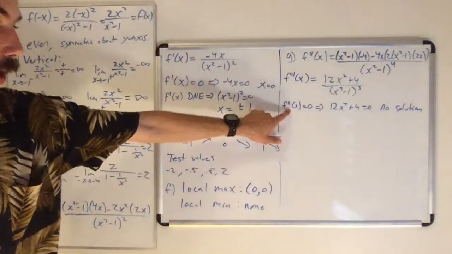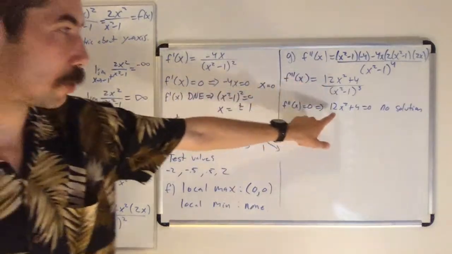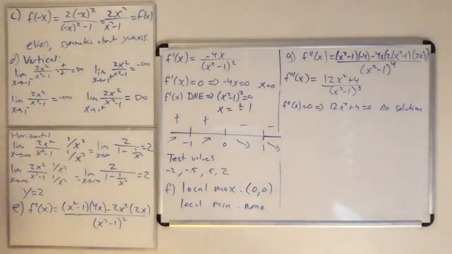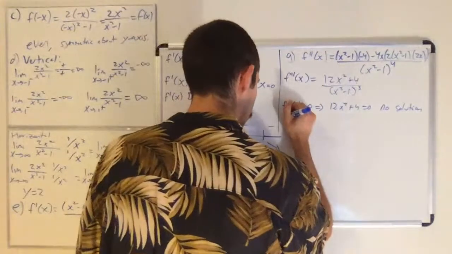So when f double prime equals 0, that means our numerator is equal to 0, but 12x squared plus 4 never equals 0. So there's no zeros here, but we can check when it doesn't exist.